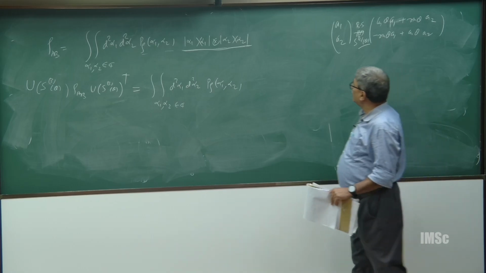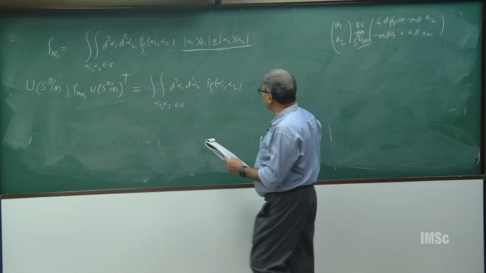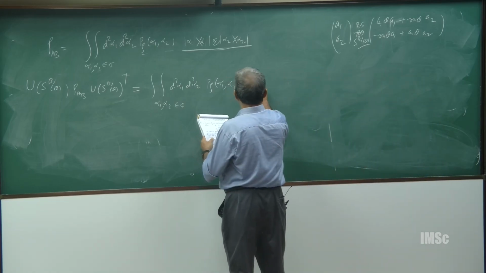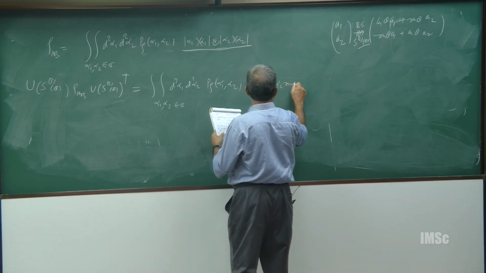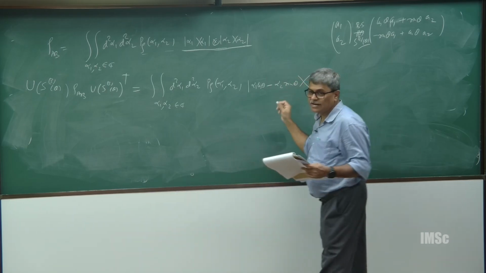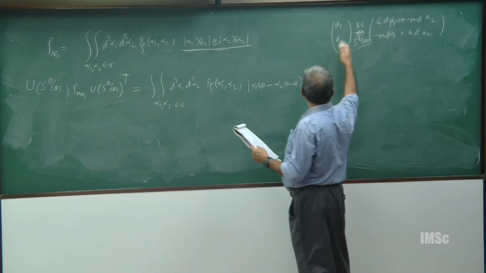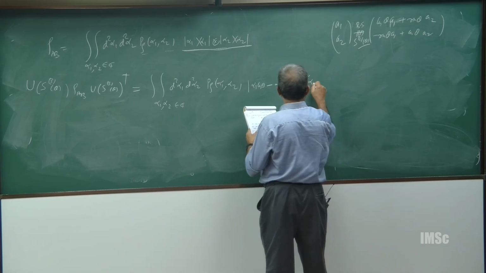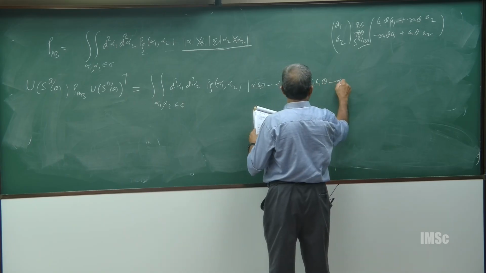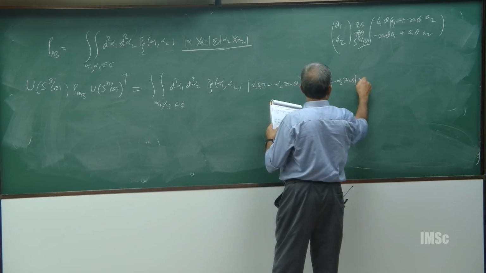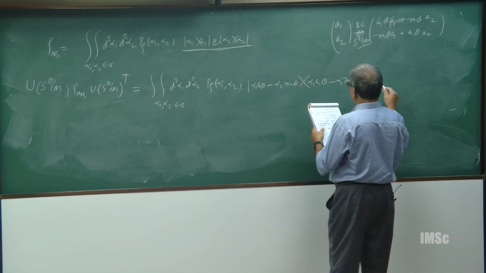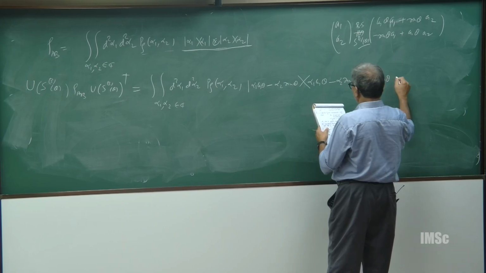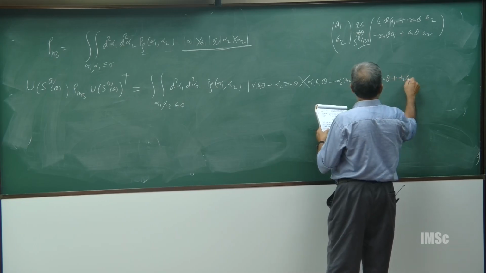So, in the Schrodinger picture what you will get is the following. Alpha 1 cos theta minus alpha 2 sin theta. So, this is at the state level. The inverse of this rotation will have alpha 1 cos theta minus alpha 2 sin theta, and then alpha 1 sin theta plus alpha 2 cos theta.